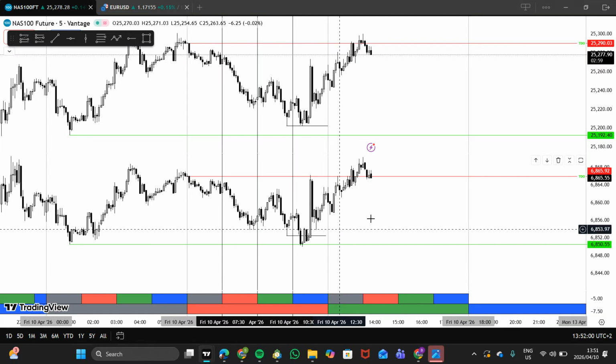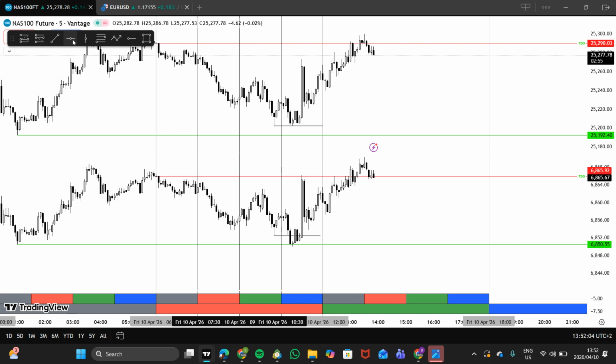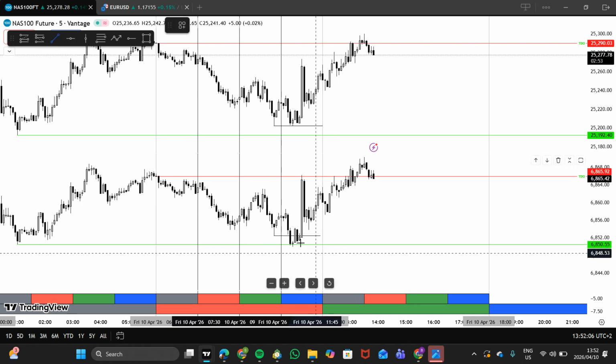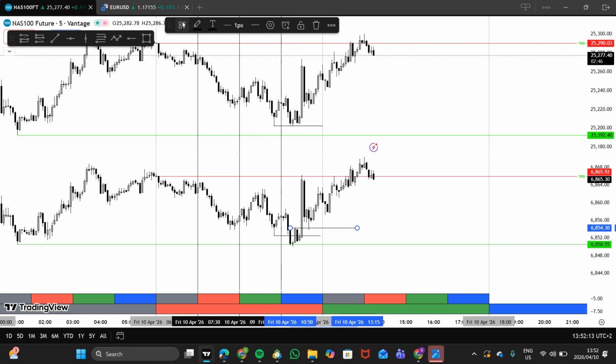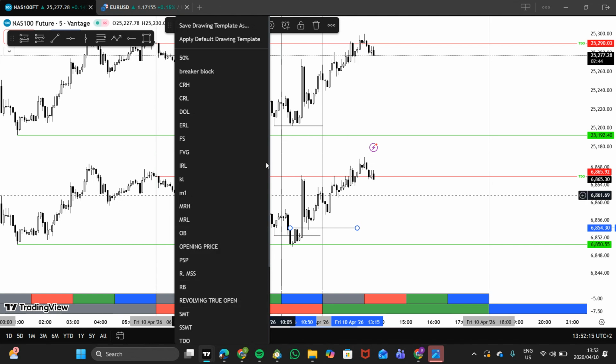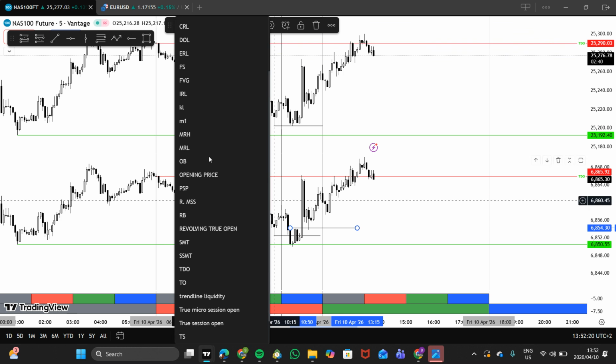So for you to be entered in this trade, I went and entered my trade on this model 1 over here. Can I just label it model 1 so that you know?